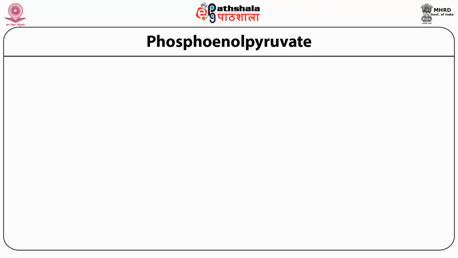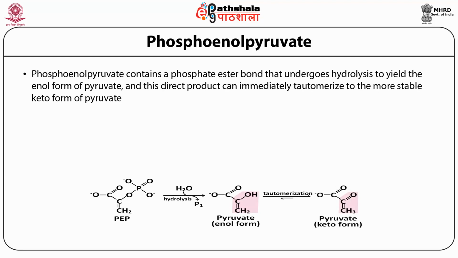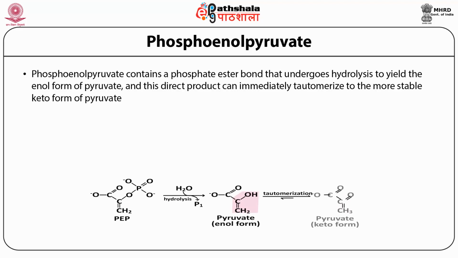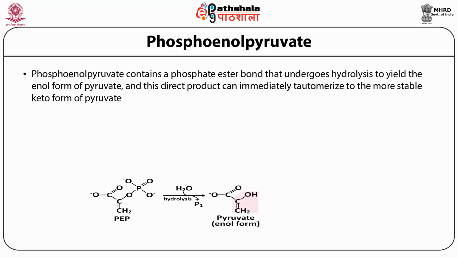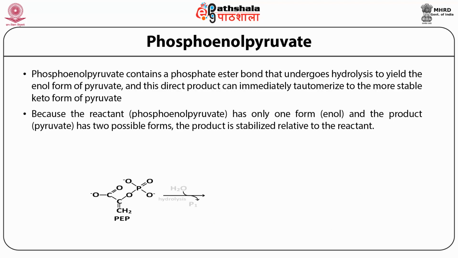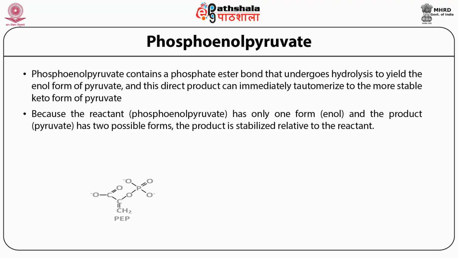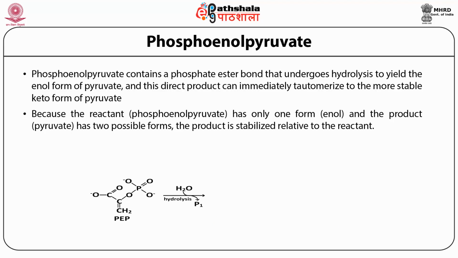The other high energy compound is phosphoenolpyruvate. Phosphoenolpyruvate contains a phosphate ester bond that undergoes hydrolysis to yield the enol form of pyruvate, and the direct product of this reaction is tautomerized to the more stable keto form of pyruvate. Because the reactant has only one form, that is enol, and the product has two forms, the pyruvate gains resonance stability because of tautomerization.